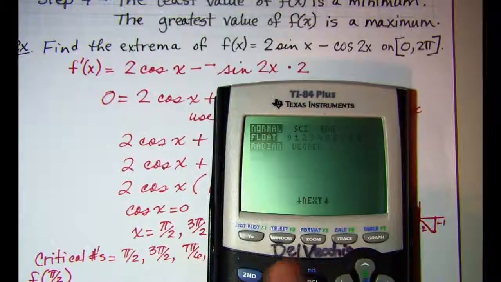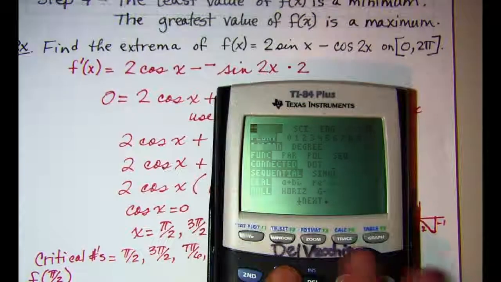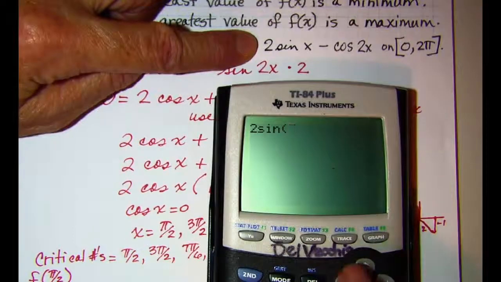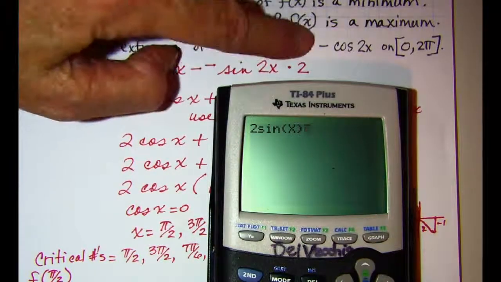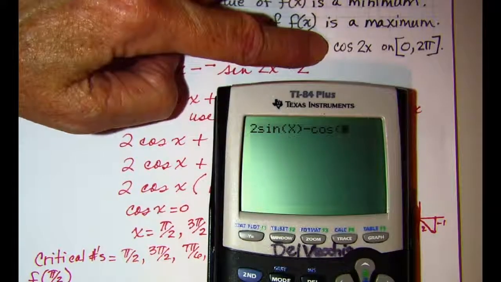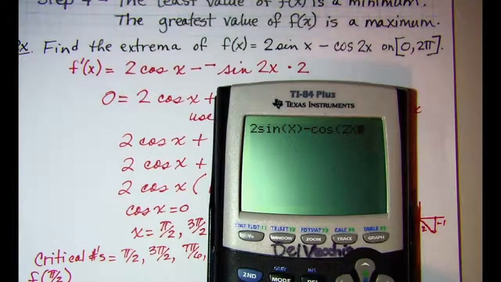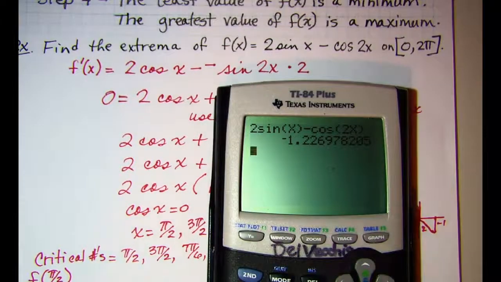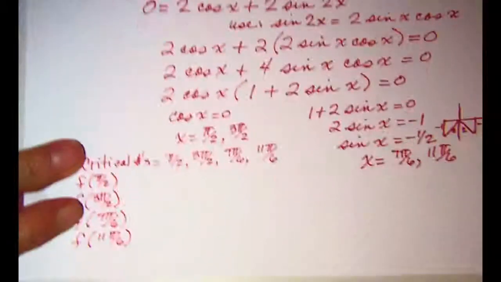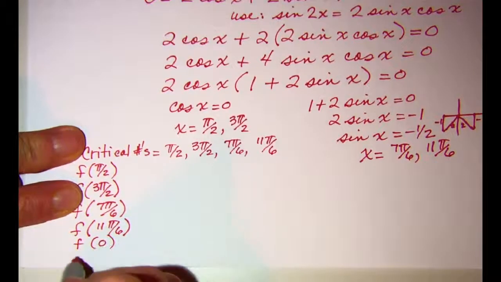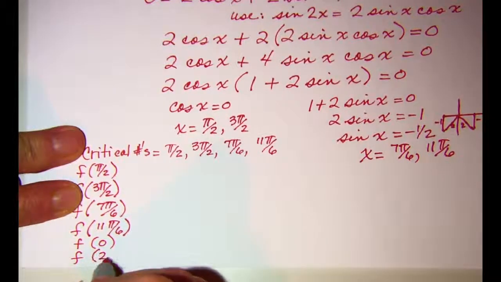So my mode has to be in radians. And I have 2 sine x minus cosine 2x. Oh, and I also need to evaluate at my endpoints. So let me list those as well: f of 0 and f of 2 pi.